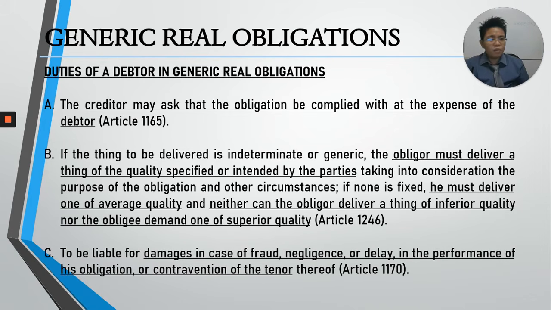Again, to be liable for damages in case of fraud, negligence, or delay in the performance of the obligation or contravention of the tenor of the obligation. Same duty in case of specific real obligation. Siyempre, pagka may breach, laging may liability for damages according to 1170. So, yun ang tandaan muna natin.